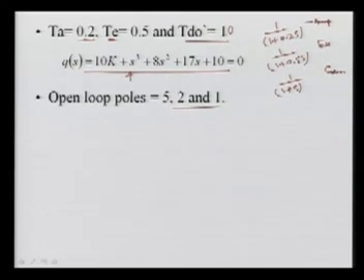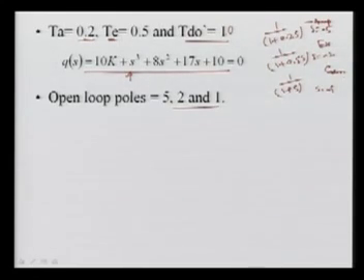The poles are found when each of these is equal to 0. So here s is equal to minus 1, here s is equal to minus 2, and here we get s is equal to minus 5. So we get open loop poles at 5, 2 and 1 corresponding to these 3, and then we have to draw this root locus and decide from it.